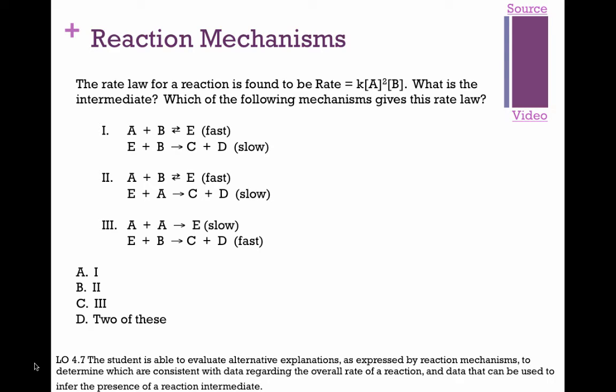Okay, so then here's a multiple choice question. The rate law for a reaction is found to be rate equals K times the concentration of A squared times the concentration of B. What is the intermediate and which of the following mechanisms gives this rate law?